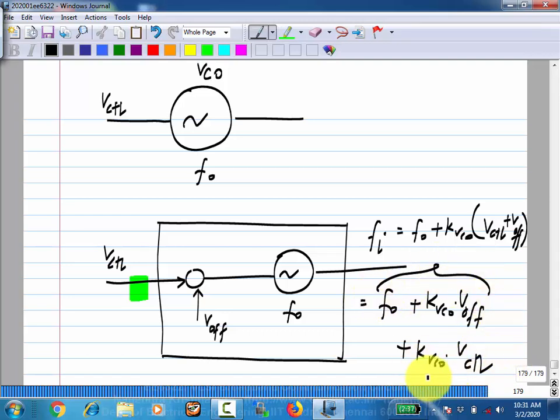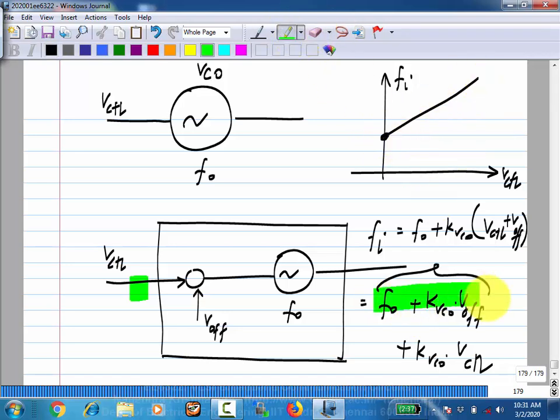So if I plot now this Fi versus this external V control, I'll have something like this, where this part will be this whole thing, right? So now the free running frequency is effectively changed. Is this clear? The free running frequency is not some sacred number.